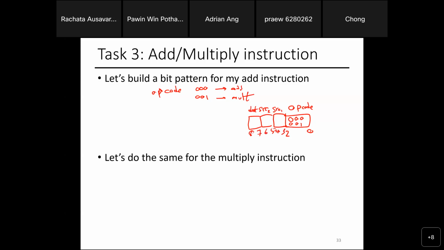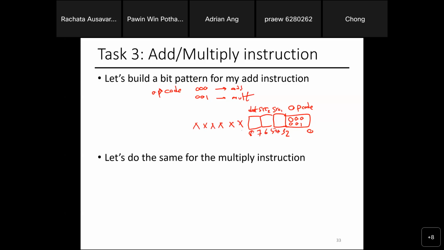Are we done? What else? Do you need anything else? That's it, right? The rest we can just say don't care. Whatever bit here, I don't care. If my opcode in the last 3 bits is 0, 0, 0 or 0, 0, 1, I just need that 6 more bits.